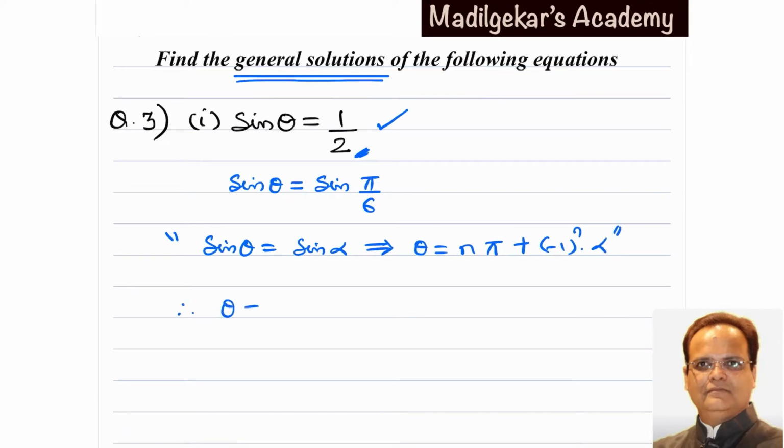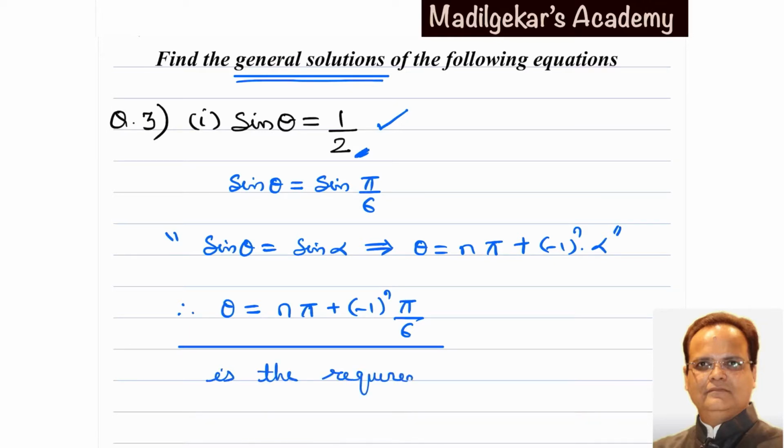So we get the general solution as theta equals n pi plus minus 1 raised to n pi by 6. So this is the required general solution. It's very easy to find the general solution if we know the formulae.